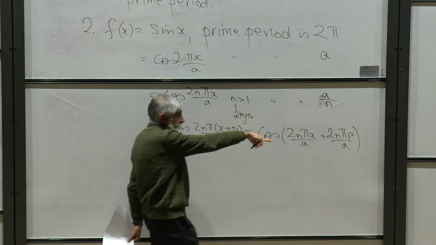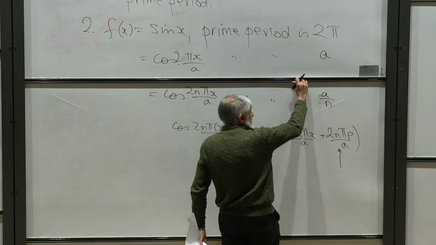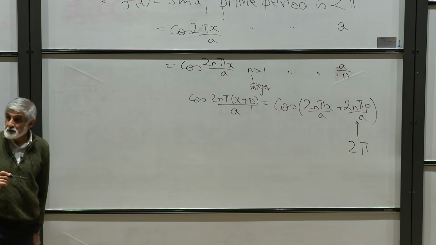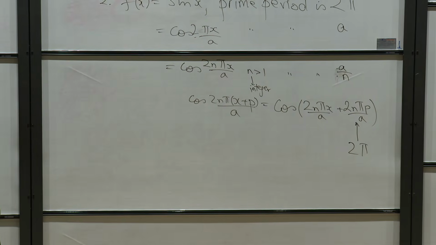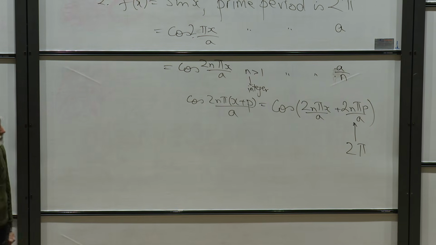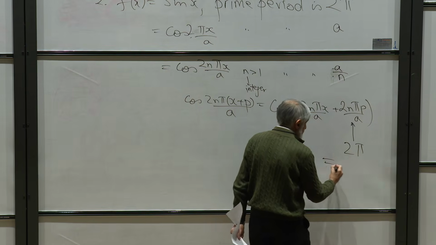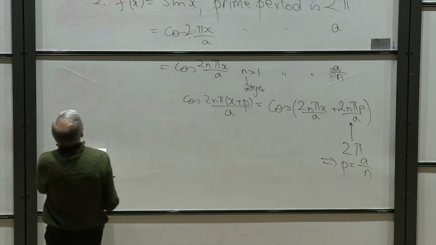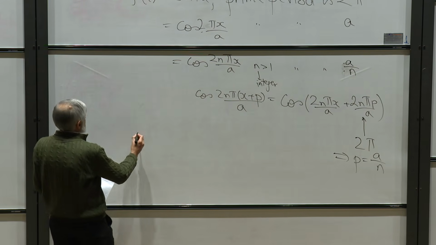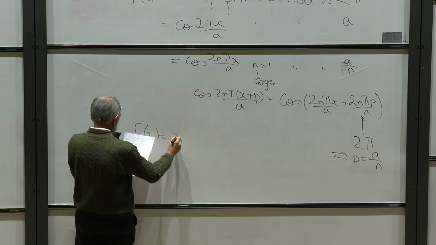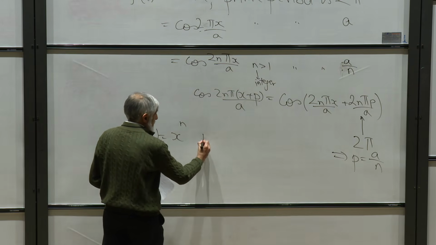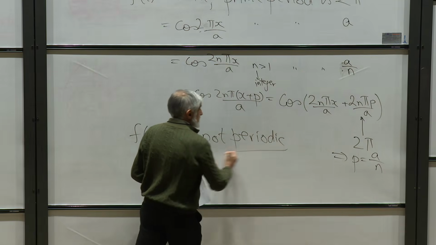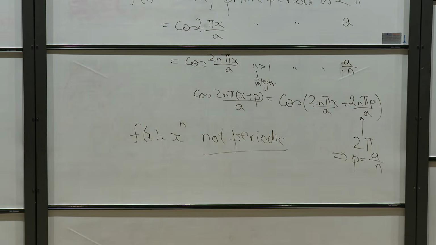And then we want this to be 2 pi. That's the minimum one. And so obviously p must be a over n. In another example, f of x equals x to the n. Well, that's not periodic. Okay?